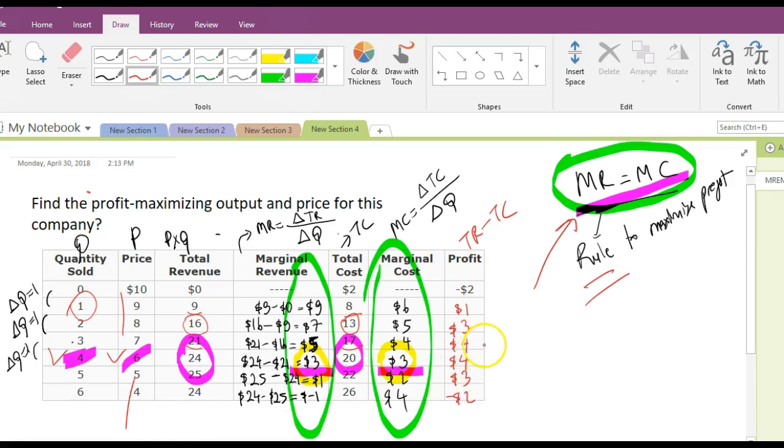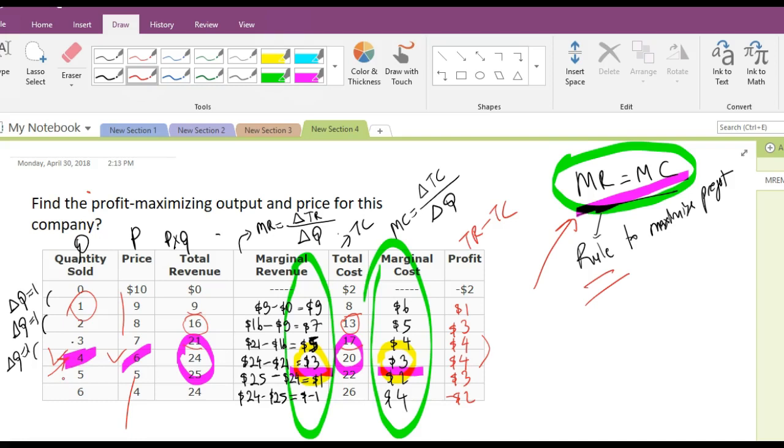As you can see, there are 2 different levels of output that give the highest possible profit. Even though the company can make the same amount of profit at 3 units, formally we say that to maximize profit, the company should produce 4 units, because more is better, and every factor is getting paid its marginal product.